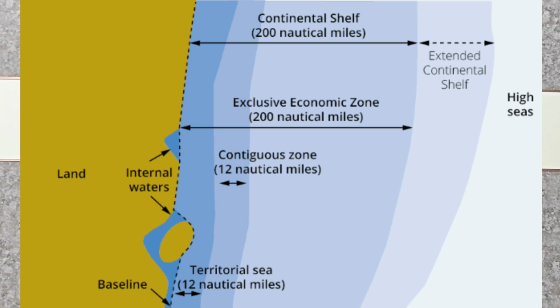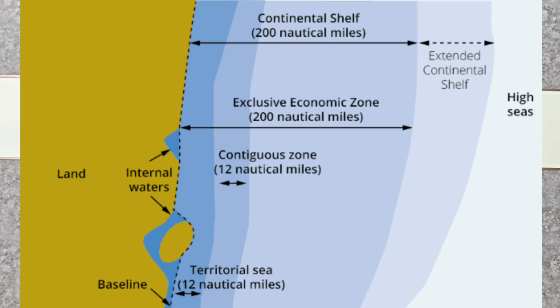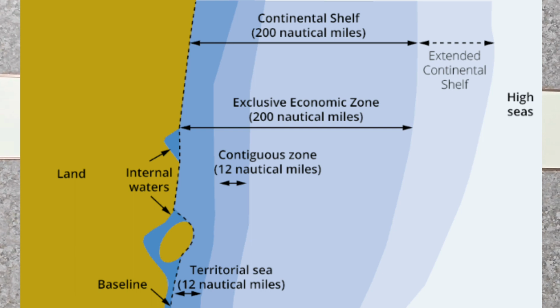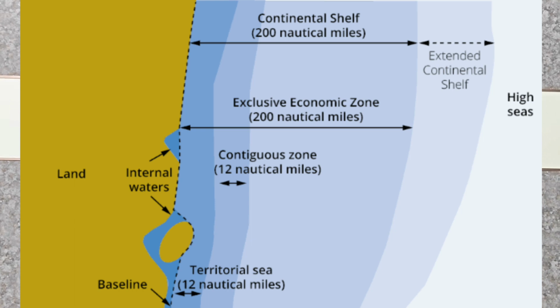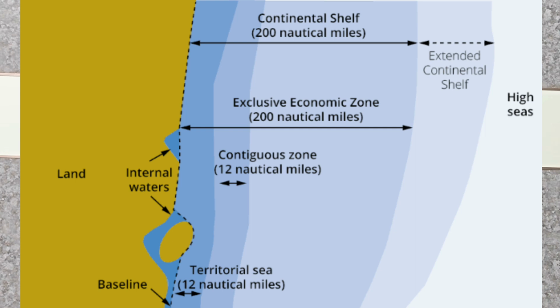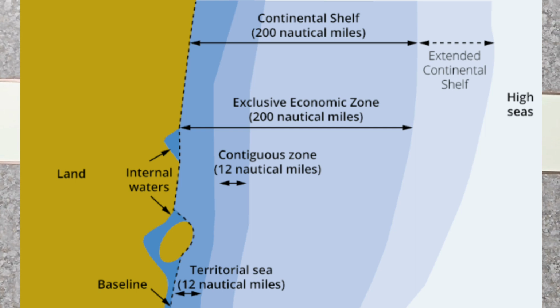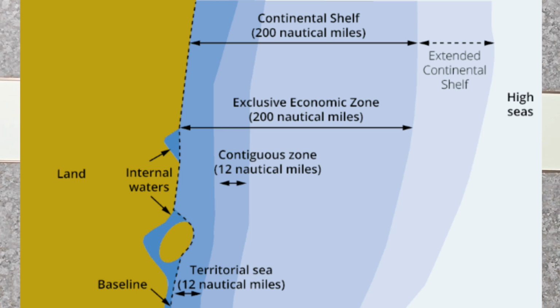Twelve nautical miles beyond the territorial waters is known as the contiguous zone or contiguous waters, which is around 24 nautical miles from the baseline. After this comes the exclusive economic zone, which extends up to 200 nautical miles from the baseline. These are the zones of interest for any coastal state. After that comes the high seas.